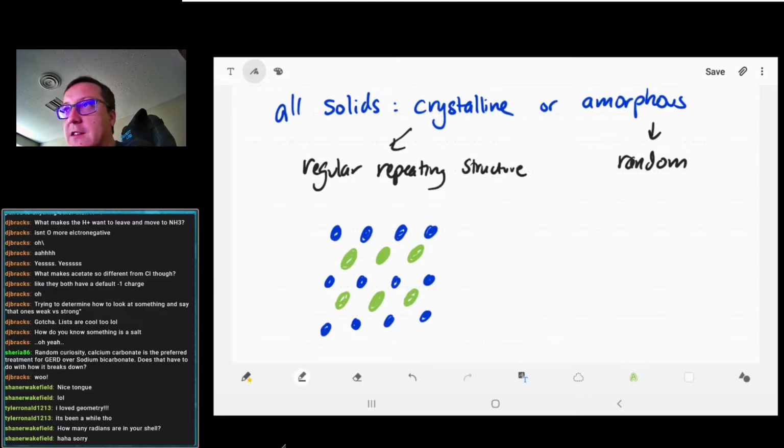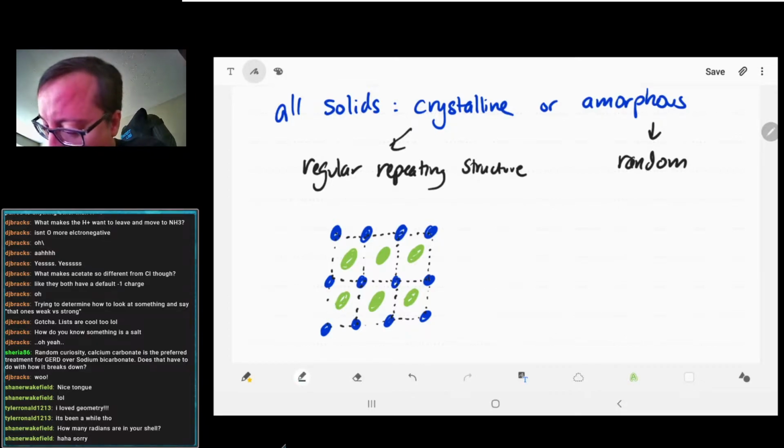This is what we would call a unit cell. It is the smallest repeating unit, over and over. The unit cell will always be the same for the entire structure. So we can see here what our unit cell looks like.